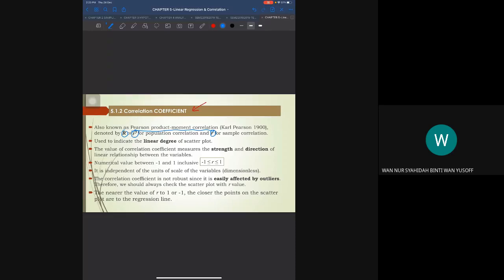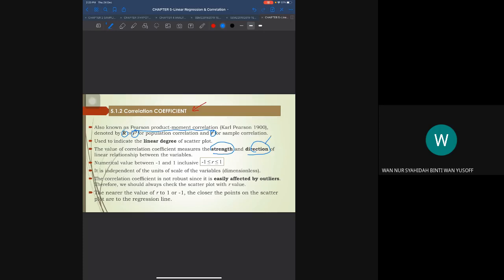It is used to indicate the linear degree of the scatter plot. As I said, if you have a positive value, then your scatter plot has a positive linear trend. If you have a negative value for the correlation coefficient, then your scatter plot should have a negative linear trend. So the value of the correlation coefficient measures the strength and also the direction of the linear relationship between variables.